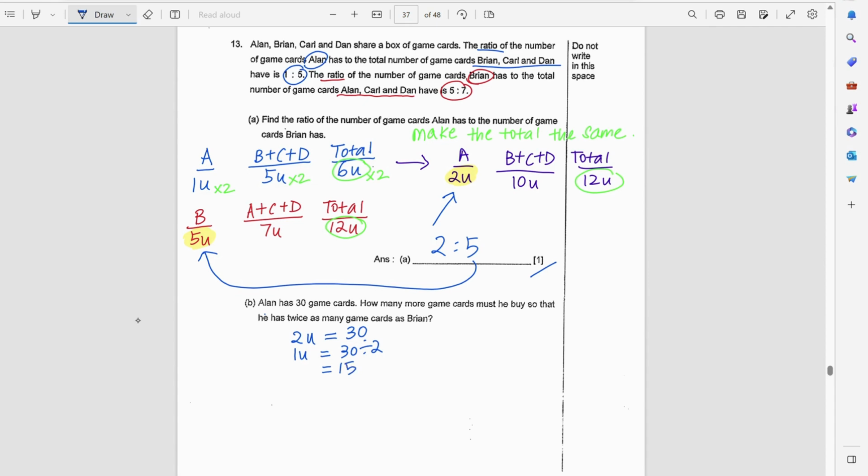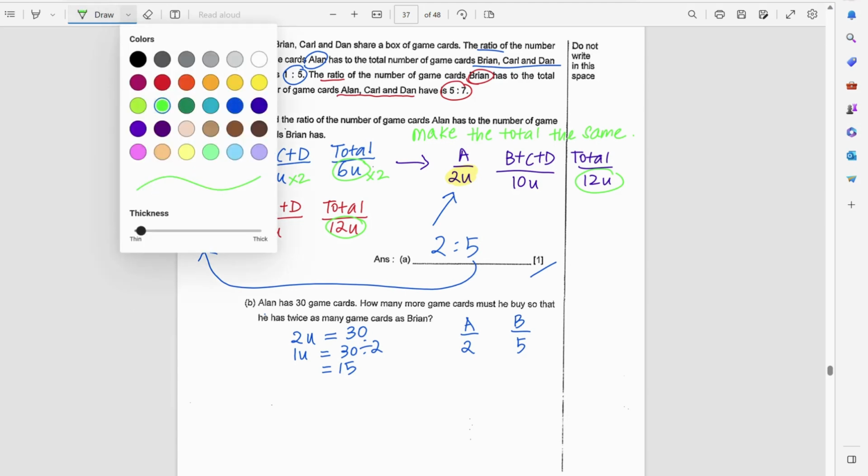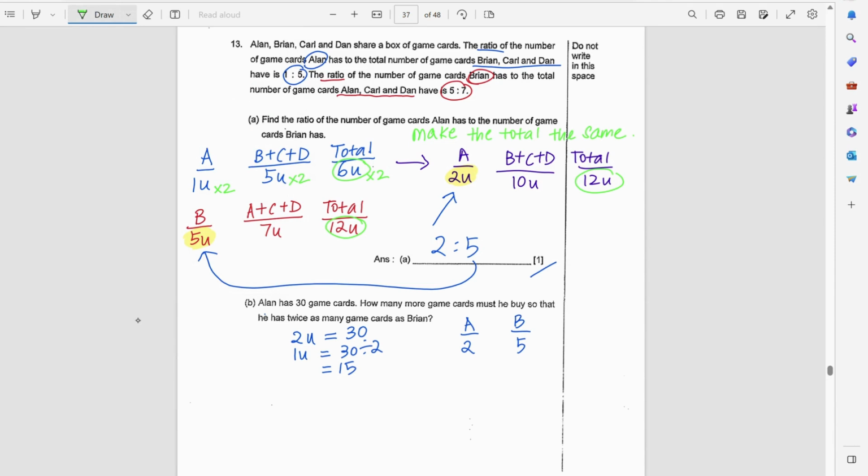So now, I will restate the number of cards in terms of units that Alan has versus Brian. 2:5, which is our answer in part A. Now, in this case, how many more cards does Alan have to purchase so that he will end up having twice as many cards as Brian? So if we look closely at the ratio again, Brian has 5 units.